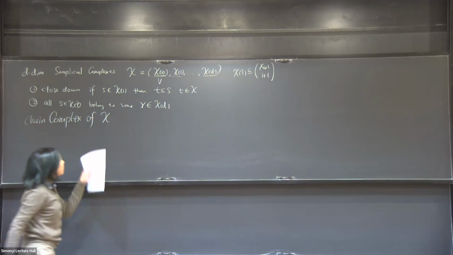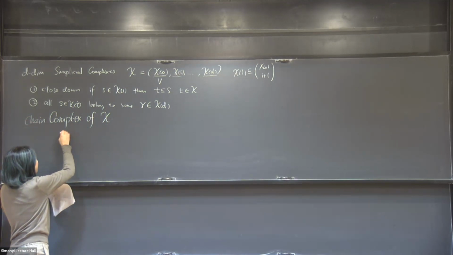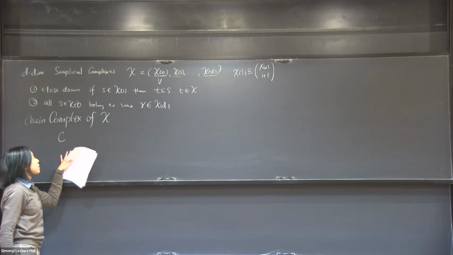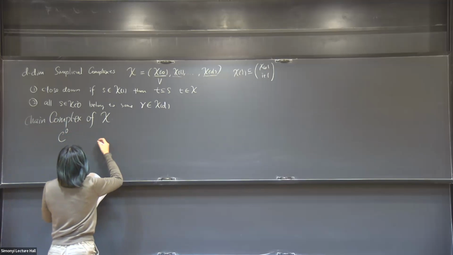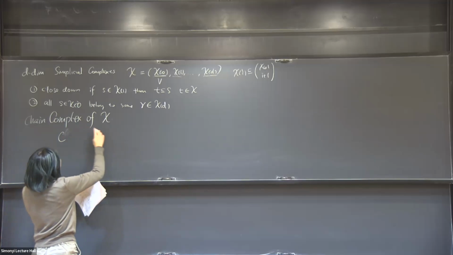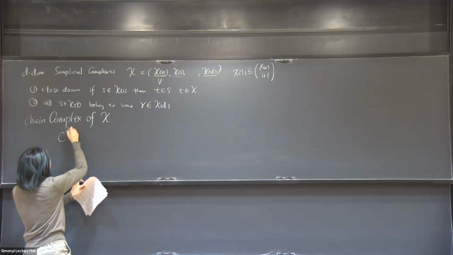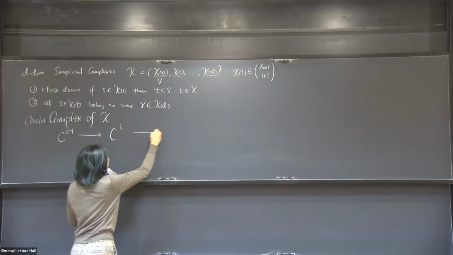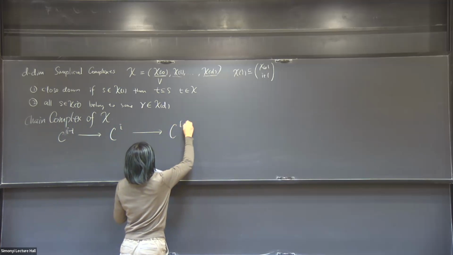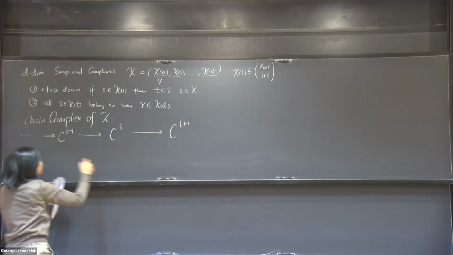So for every simplicial complex, we can define the chain complexes. These are just the space of all functions from I faces to F2. Instead of starting from 0, I will start from I-1: C(I-1), Ci, and C(I+1).